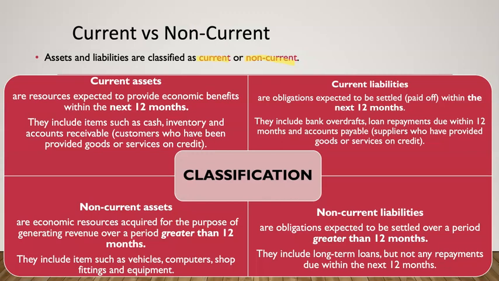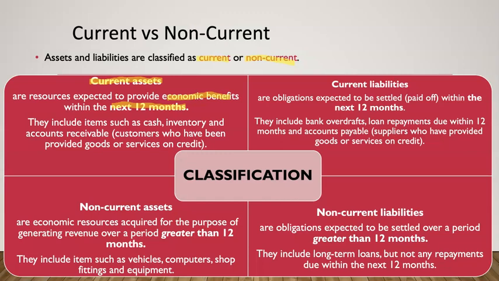If we look at our assets, we call an asset a current asset if this asset is expected to provide its benefit within the next 12 months. What that basically means is, is this asset going to be turned into a benefit? The major benefit is cash within 12 months.